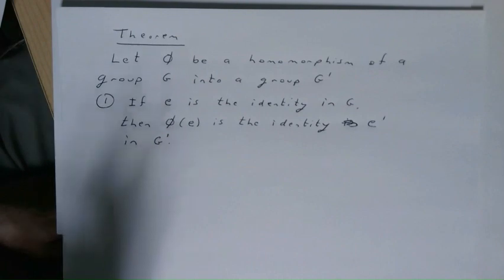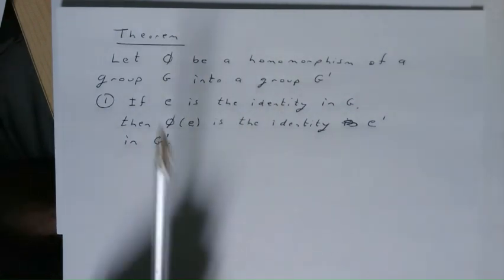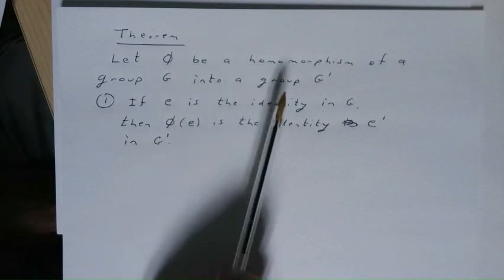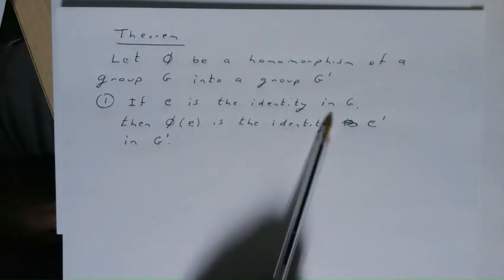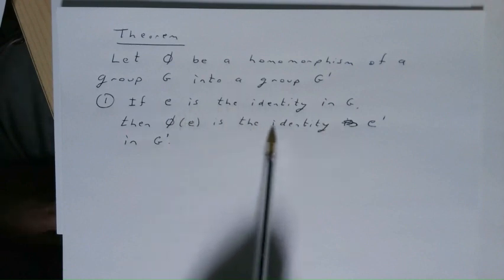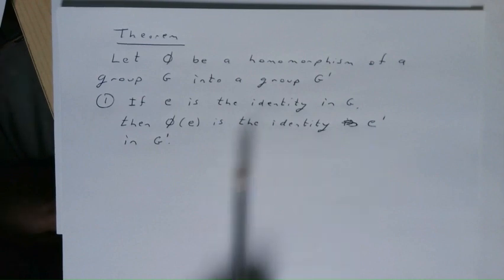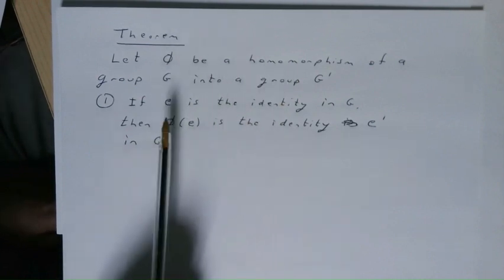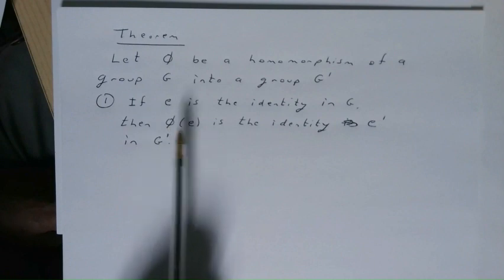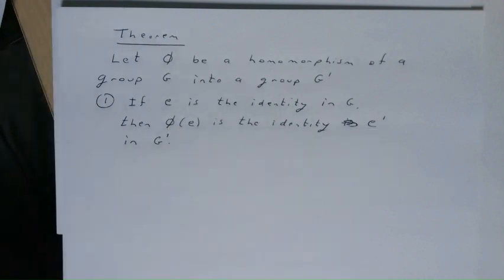So this is interesting. If phi truly is a homomorphism from a group G into group G prime, and E is the identity in G, then phi of E is going to produce the identity, call it E prime, in G prime. So a homomorphism will map the identity in one group into the identity of another group.